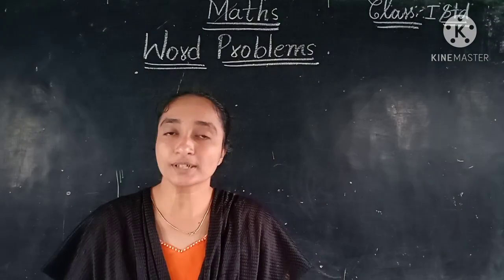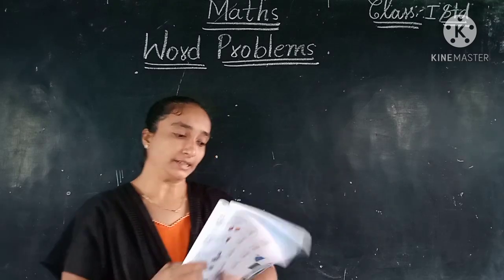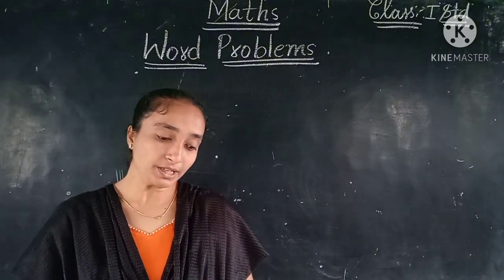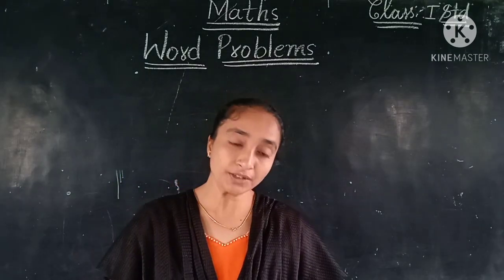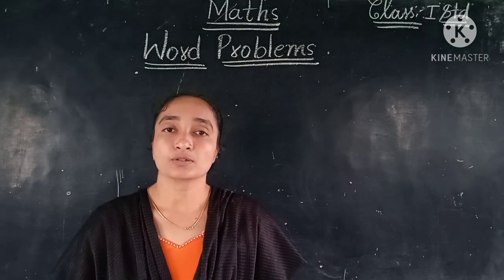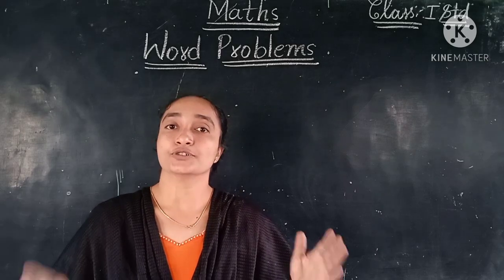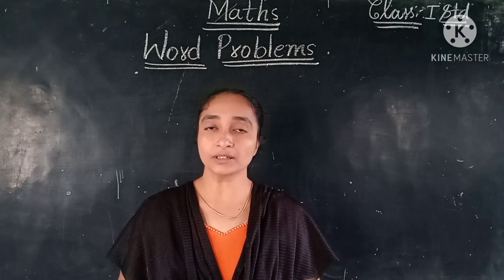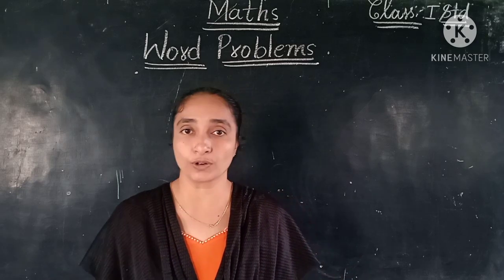Children, let us see now the second one in our textbook. Here the question: Teacher had 59 sheets of paper. So in a school, a drawing class is going on. Some children are there in a class and they are doing the drawing.